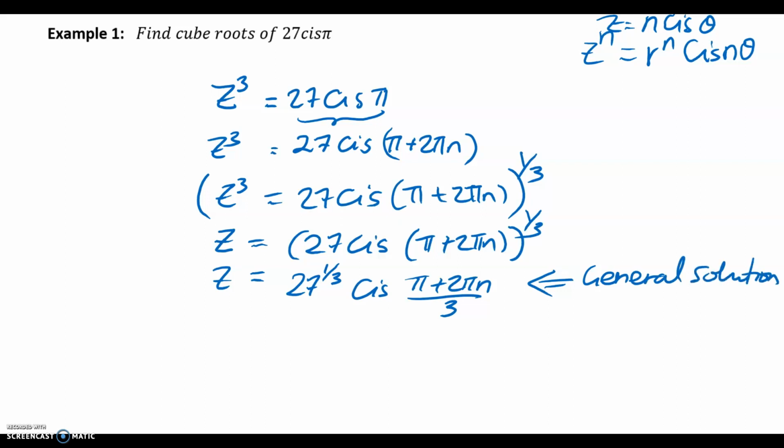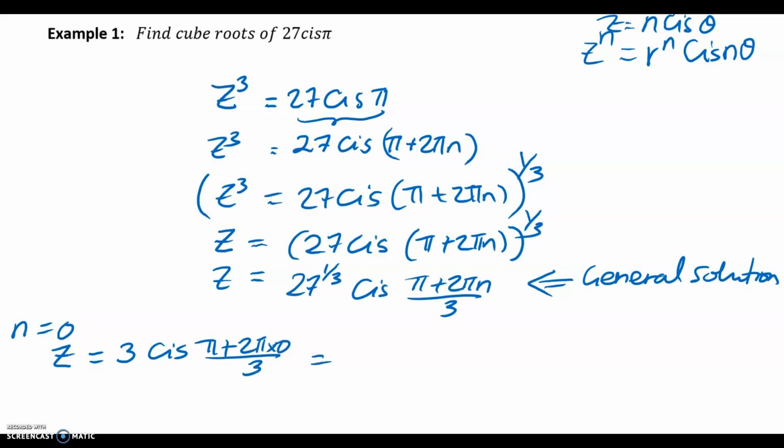Remember, there are 3 roots for this equation, so we're going to find all 3 of them, and n is just an integer that we're going to substitute in, so it can be negative or positive, and 0 as well. So let's start with n equal to 0. 27 to the power of a third is 3, so we'll write that in. So 3 cis of pi plus 2 pi times 0, over 3.